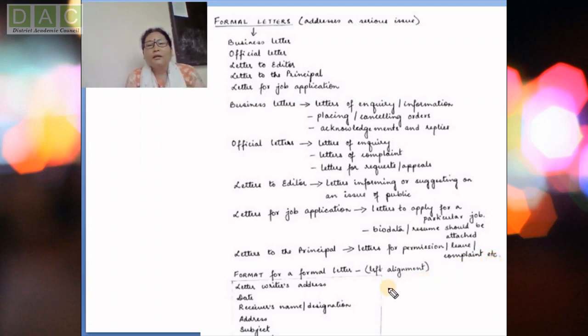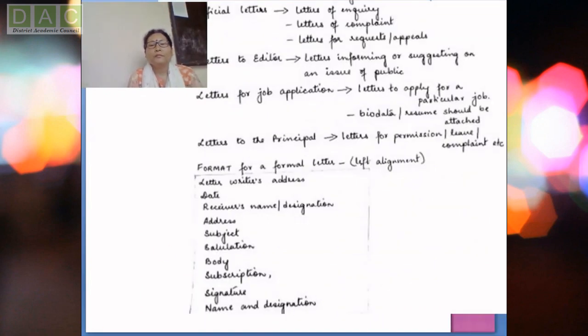Now here look into the format of a formal letter written in left alignment. On the left top of the letter, we need to mention the writer's address, then comes the date, then comes the receiver's name and designation.